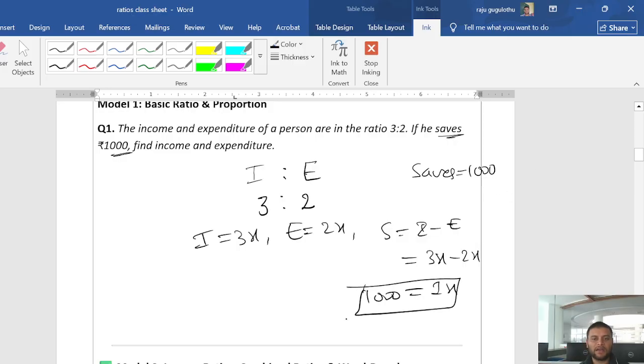After finding the x value, we can say 3 into 1000, that is income is 3000 rupees because x value is 1000, and expenditure is 2000 rupees. Subtracting 2000 from 3000, we have savings as 1000 rupees.